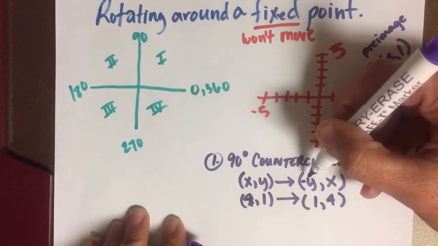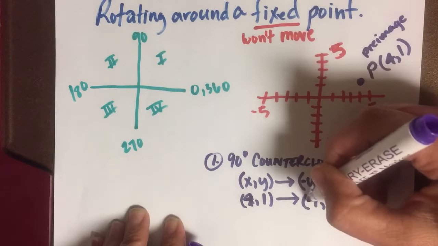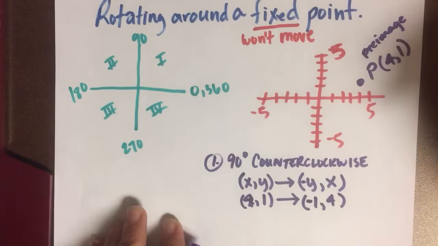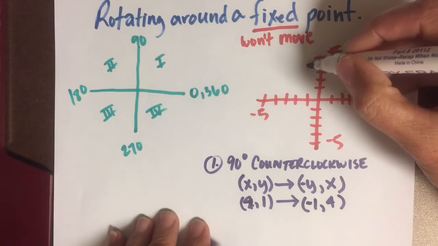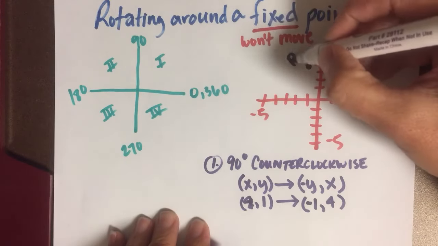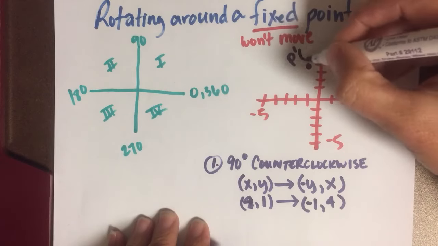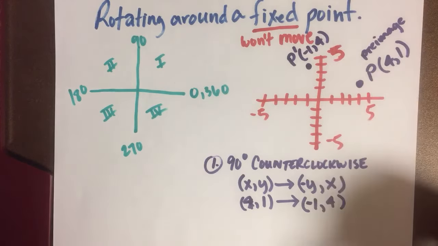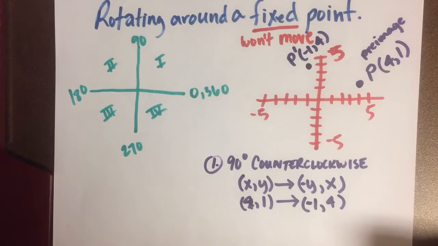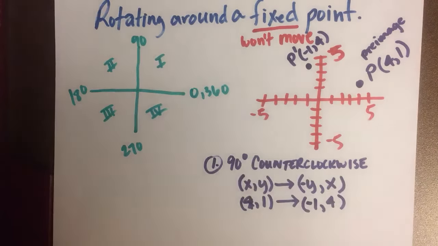And then I'm going to make the value in the X place opposite. So now I'm at -1, 4. And that is my image for 90 degrees. So that's how we do a counterclockwise rotation. You go from 4, 1 to -1, 4.